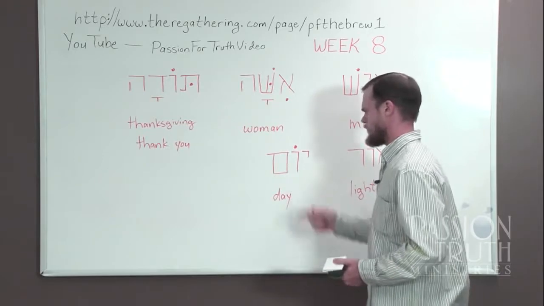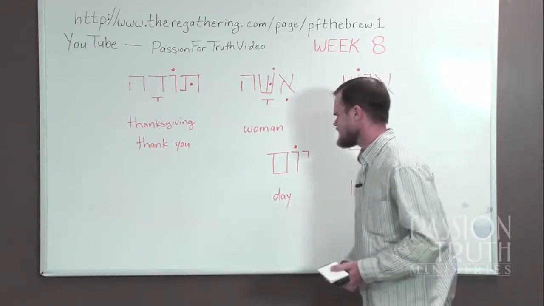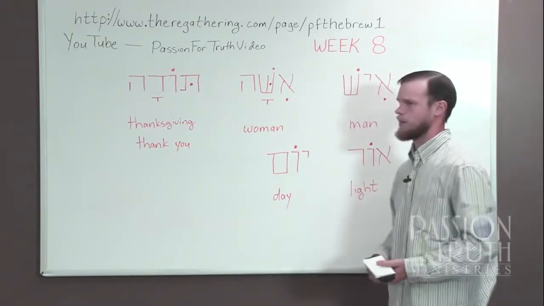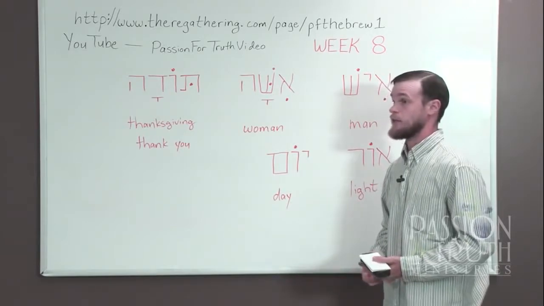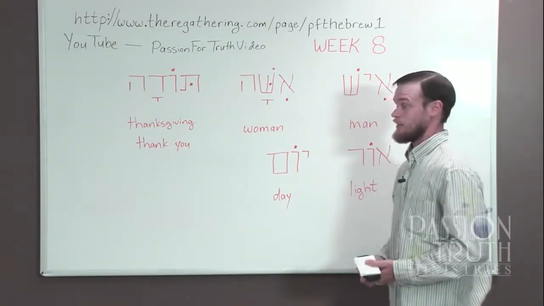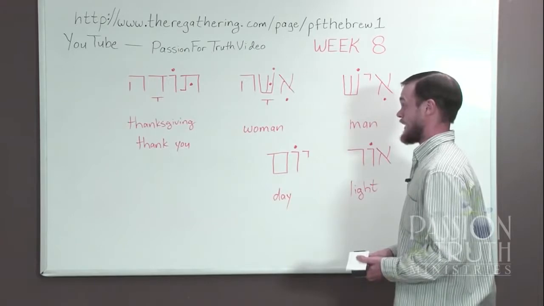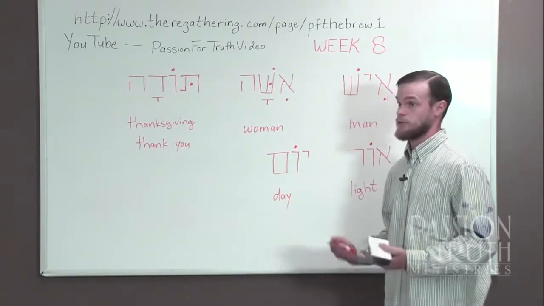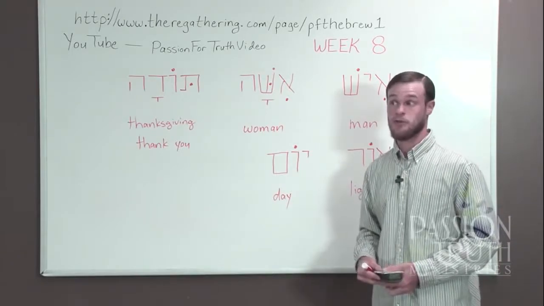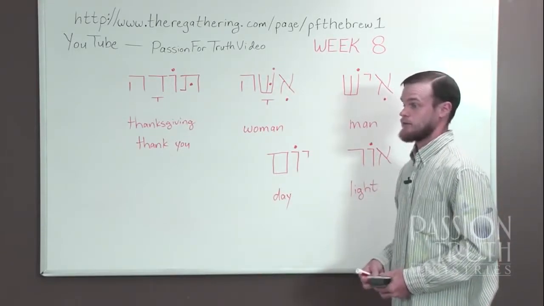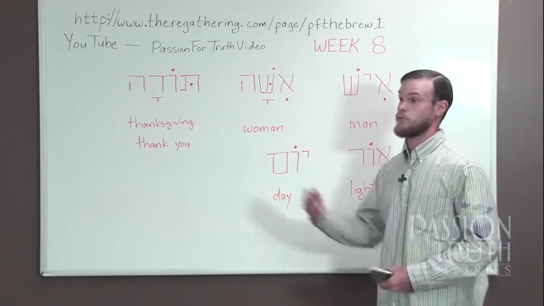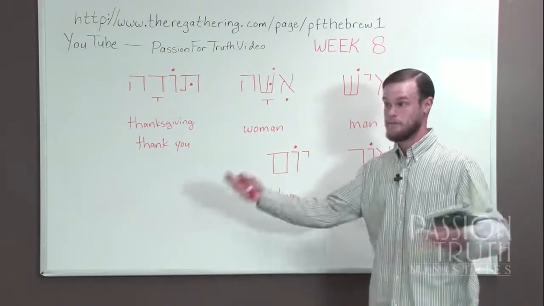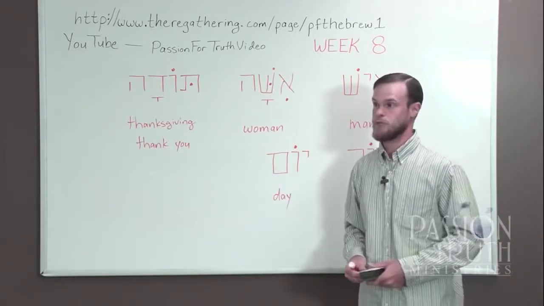And actually, Yom Kippur is a misnomer. The actual Hebrew term for that is Yom HaKippurim, which means Day of the Atonements. For some reason, in the vernacular, it's shortened to Yom Kippur, which just means Day of Atonement. But the actual name of the day is Atonements, because there are multiple atonements made on that day. First for the priest, then for the tabernacle, and then for the entire congregation.